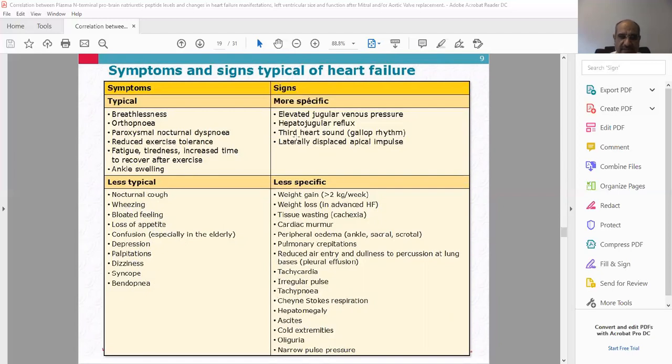Also, there are typical signs of heart failure like elevated JVP, hepatojugular reflux, third heart sound, and displacement of the apex laterally, which is one of the typical signs of heart failure. But less typical signs like abnormal weight gain, weight loss, cachexia, cardiac murmur, hepatomegaly, all these are less specific signs of heart failure.